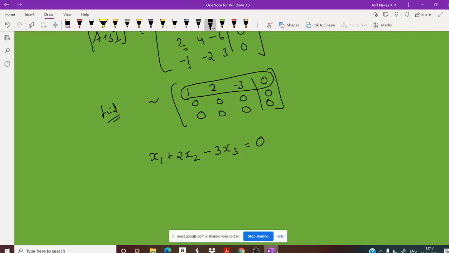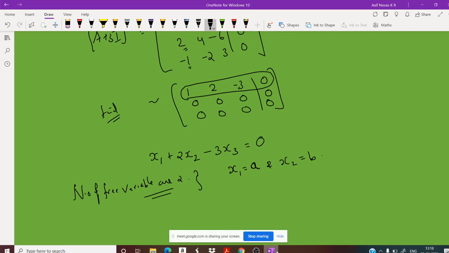Now, how many free variables are there? Number of free variables are 2. So how many linearly independent eigenvectors can we find? 2. So first I will put x1 is equal to a and x2 is equal to b.